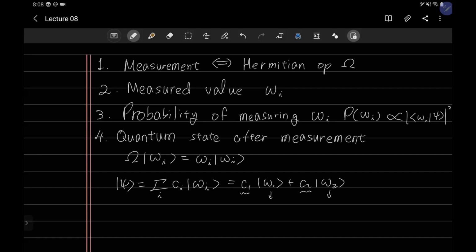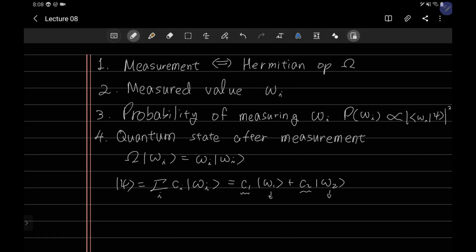So it is reasonable to guess that the probability of measuring omega 1 will be related to C1, and the probability of measuring omega 2 will also be related to C2.